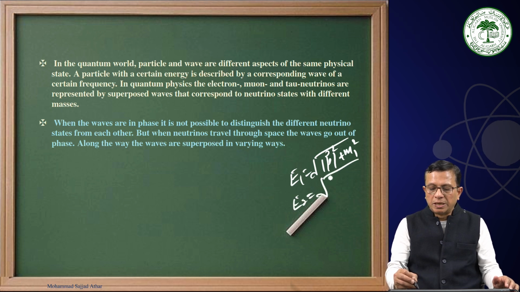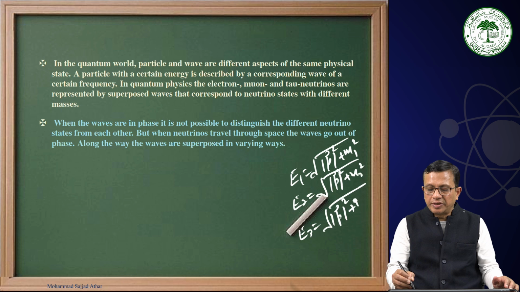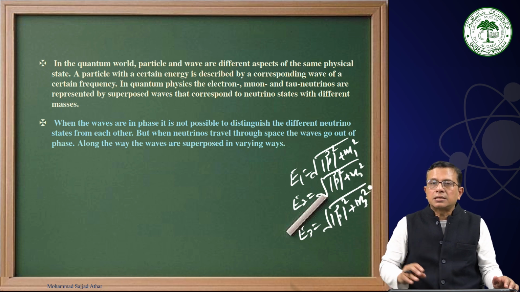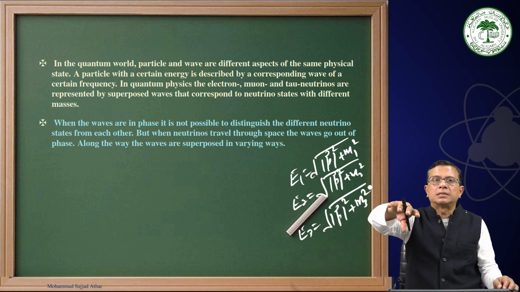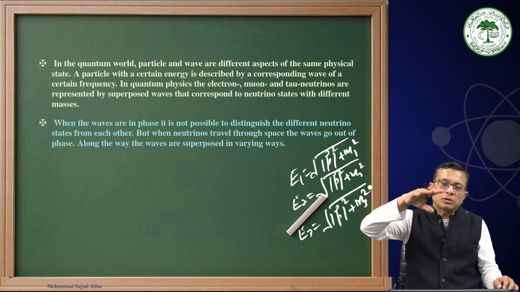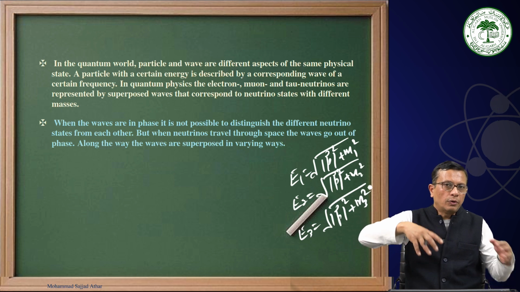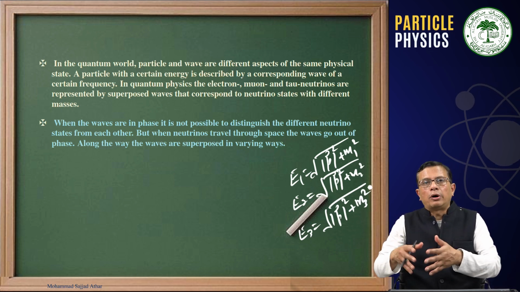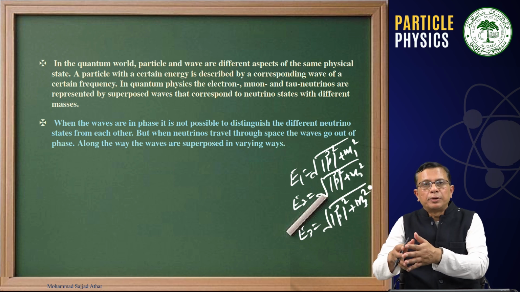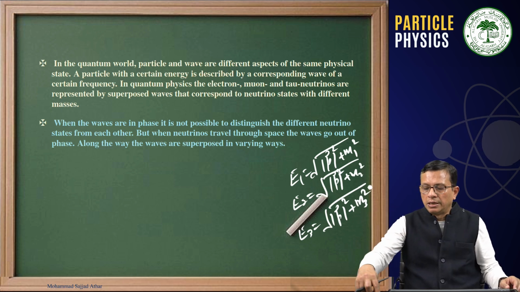E1 is the square root of p squared plus m1 squared; the momentum is the same, but the energy is different because of the difference in the masses, and this results in a difference in phases as it propagates in space. And because of that, when there is an overlap of these two waves, you have nu mu, or at another length you have pure nu e, and similarly as you move out.